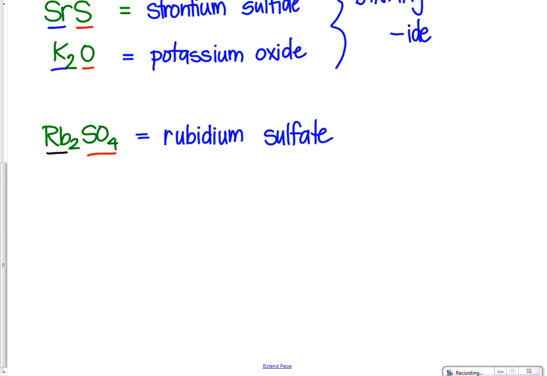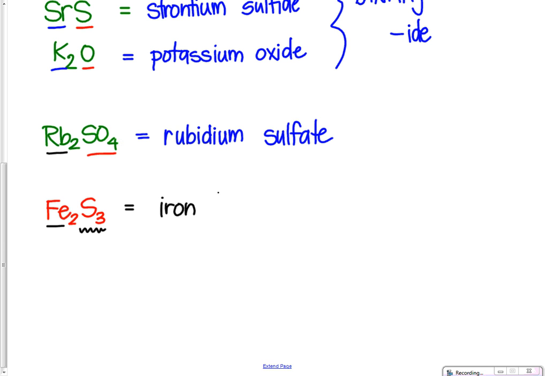Okay, so on this one, we're going to use Fe2S3. So on this one, the positive part of the compound is the Fe. That means S is part of the negative. So Fe is called iron. Now you'll notice that iron lives in the transition metals.